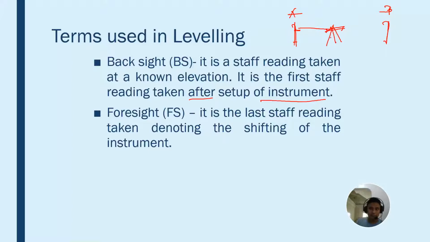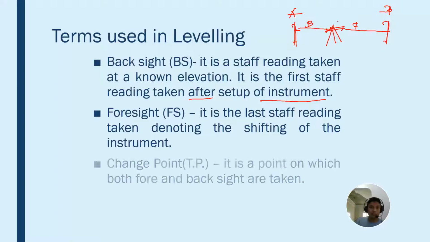So when I shift our instrument to station B, the instrument reading there is what you call the foresight. Just like going forward and going backward: reading for backsight, and forward reading for foresight.